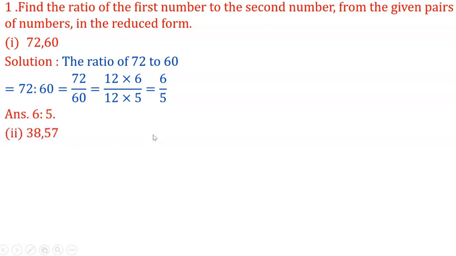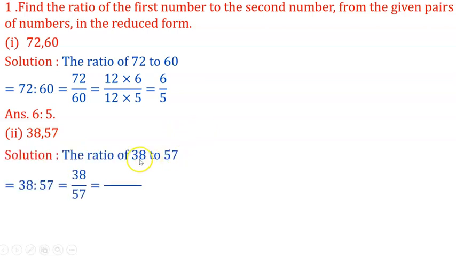Next, 38 and 57. Again, the ratio of 38 to 57 is equal to 38 upon 57. 38 can be written as 19 into 2. 57 can be written as 19 into 3. 19 gets cancelled, you will get the ratio 2 upon 3, that is 2:3.